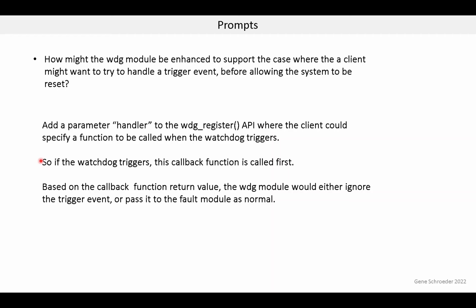So if the watchdog triggers, then the watchdog module would use this callback function first, and then based on that callback function's return value, the watchdog module could either just ignore that the trigger ever happened, or it could pass it to the fault module as normal. So in other words, this would allow the client to say, oh, never mind, ignore that watchdog that just expired. I took care of it.